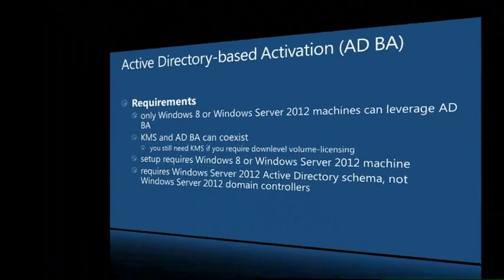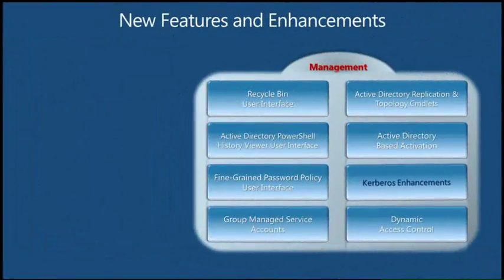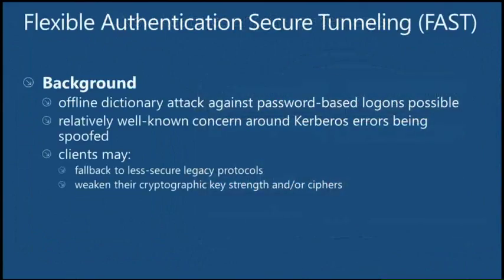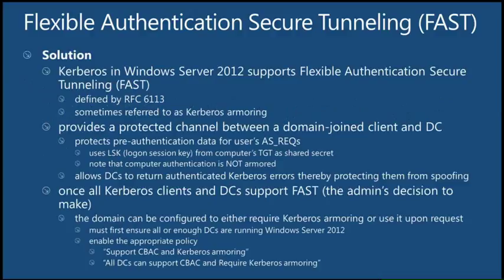I'm going to skip that and jump into a few Kerberos enhancements because that's interesting. So in terms of the background, Kerberos is fairly secure, but there are certain cases where we know that offline dictionary attacks can be done, and you can spoof Kerberos errors. So as part of continuing to improve the security of that, we have now introduced what's known as FAST, Flexible Authentication Secure Tunneling.